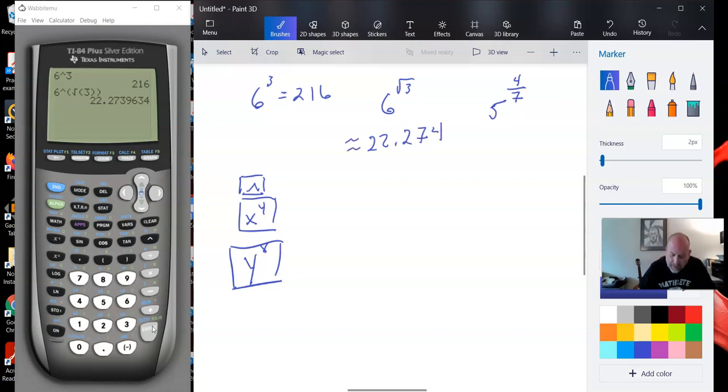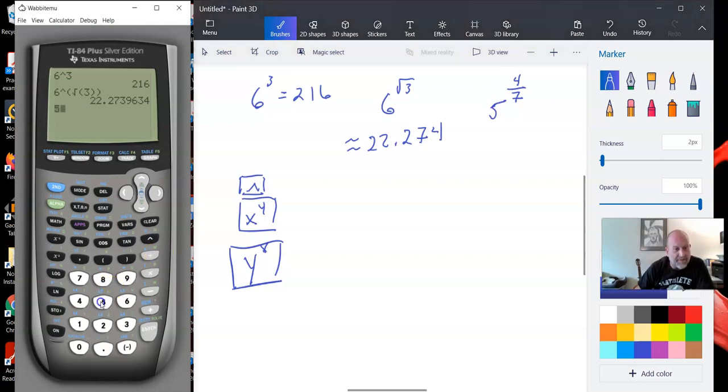So that's our approximation. And then the last one, and quite honestly, I'm not entirely convinced that we needed the parentheses on this one, but a good rule of thumb for parentheses and exponents is: if in doubt, put on parentheses. You're never going to make it wrong by putting on parentheses. You will make it wrong by leaving them off when you actually need them. Okay, so 5 to the 4/7.